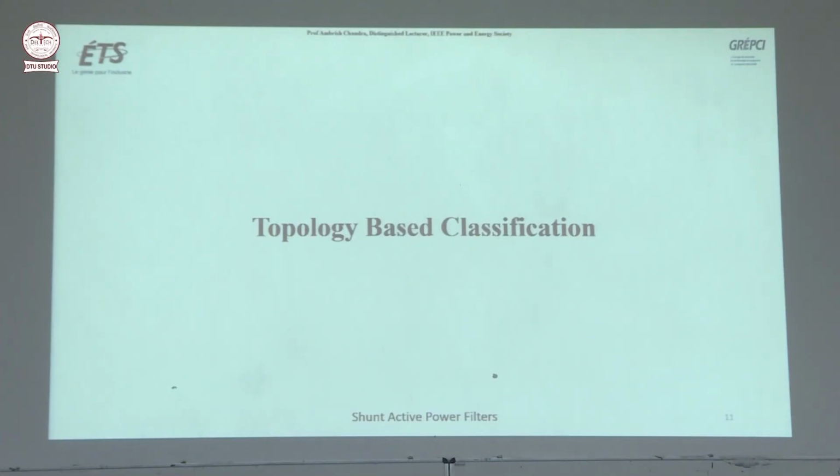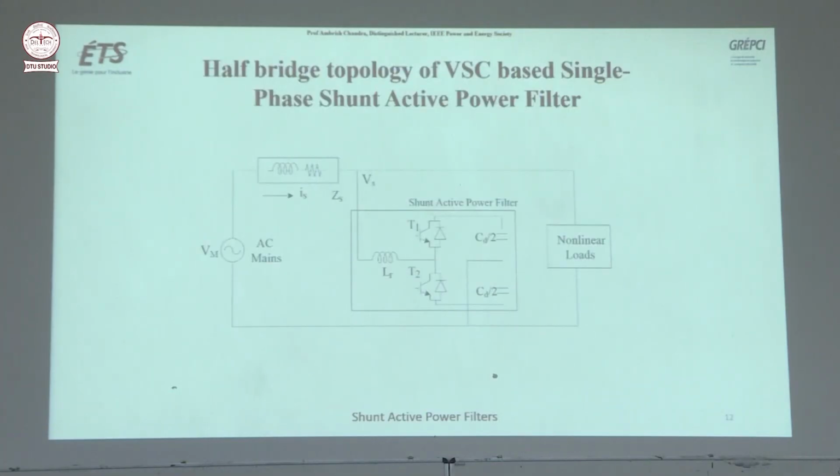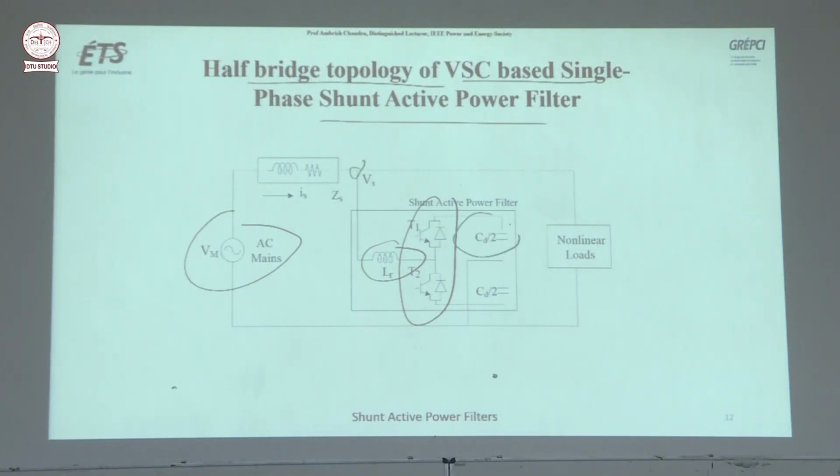Topology based classification. See, half bridge topology. You have a half bridge here, VSC based, single phase. This is a single phase shunt active filter. This is how you connect the coupling inductor here. And here you have two capacitors and the midpoint is connected here. So this is the half bridge topology.